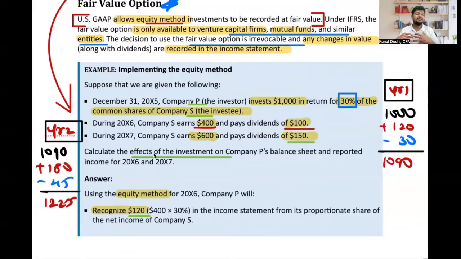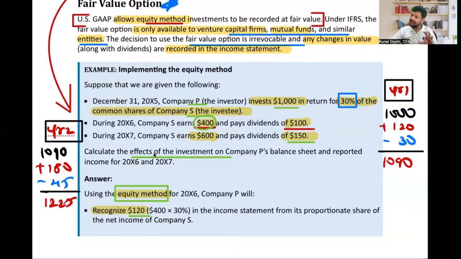All right. However, you will get dividend from the company. So here, under equity method, what exactly is the equity method? Here we are going to record the investments. So when we invested $1,000 at the beginning, then in the coming year, the company gets its proportionate share of the income of the subsidiary or the investee company. So here the investee company earns 400.